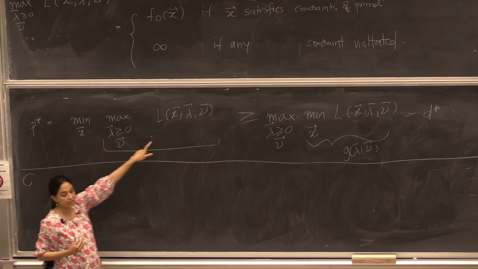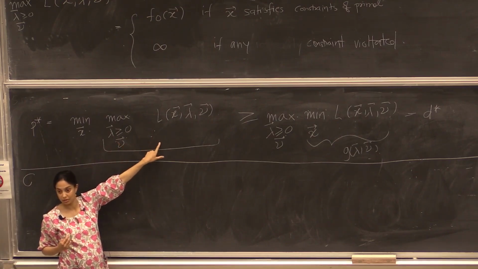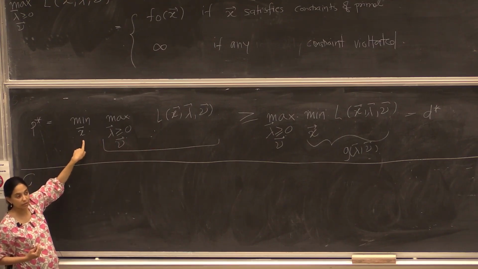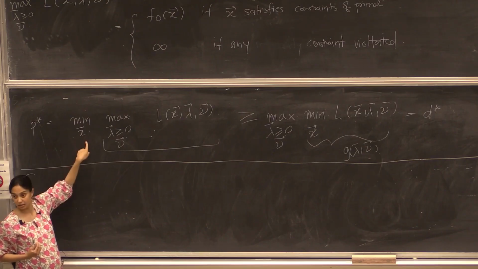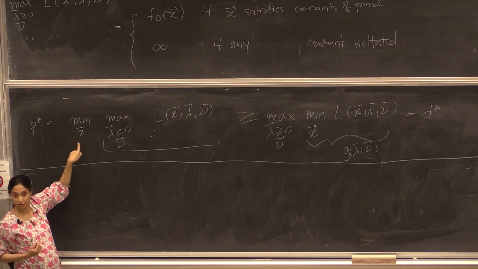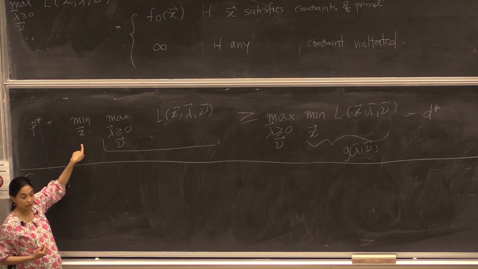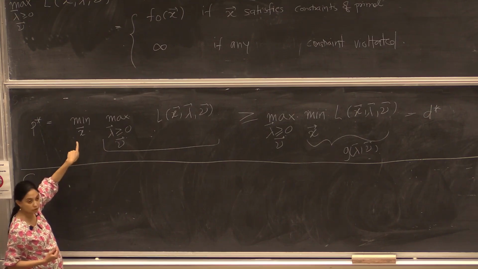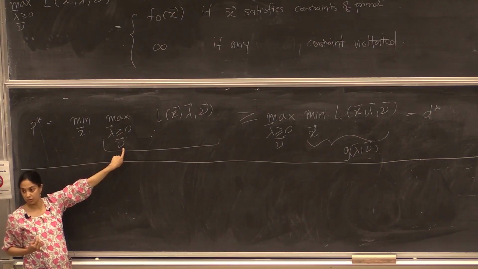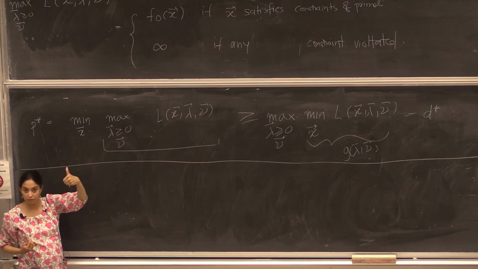Because this maximization goes to infinity every time you choose an infeasible x. There is no implicit x feasible here. This is any x. This is really important. That is why this is powerful, or one of the reasons it's powerful. I'm not writing x feasible. There are no constraints here. The only constraint is lambda greater than 0. It's really important that you observe this. Everyone with me? Thumbs up?